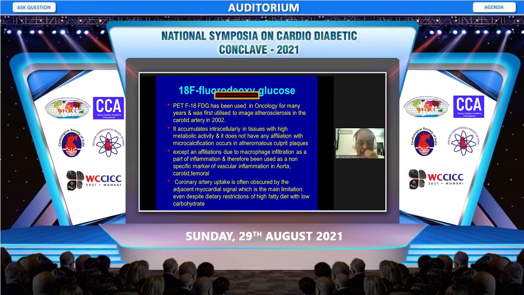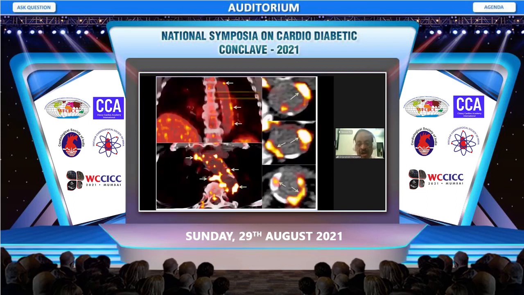This uptake is also obscured by the huge uptake of the myocardium, but if you do the suppression, you can look at it, though it is not very specific for atheromatous plaque. You can see here the example of the descending aorta, and there are many areas of increased uptake.